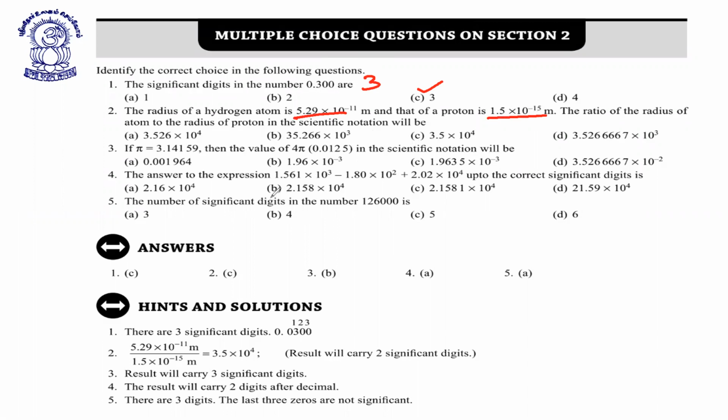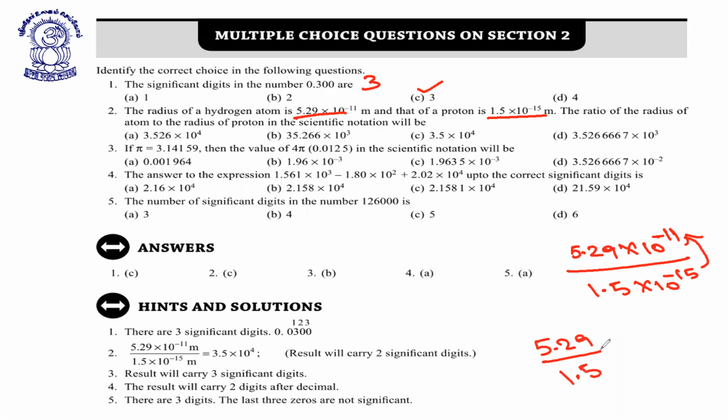So first you have to divide 5.29 × 10 to the power of minus 11 by 1.5 × 10 to the power of minus 15. So 10 to the power of minus 15 coming to the numerator becomes 10 to the power of 15. 15 minus 11, 10 to the power of 4. So next step you have to write 5.29 × 10 to the power of 4 divided by 1.5.